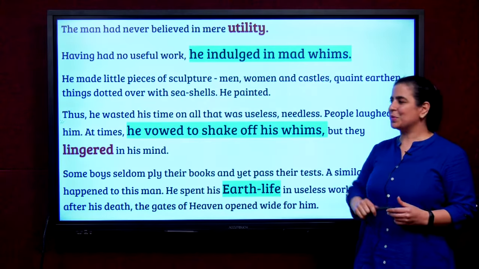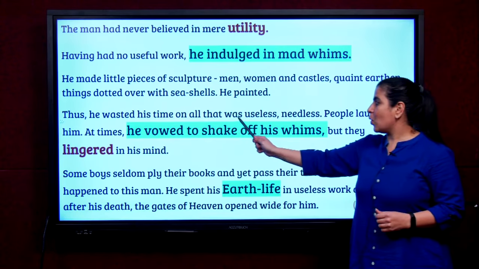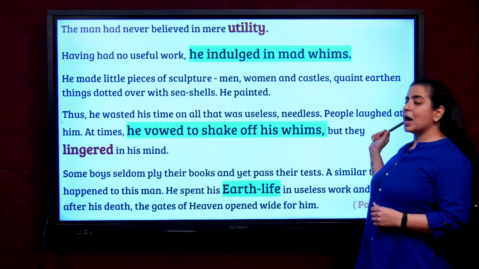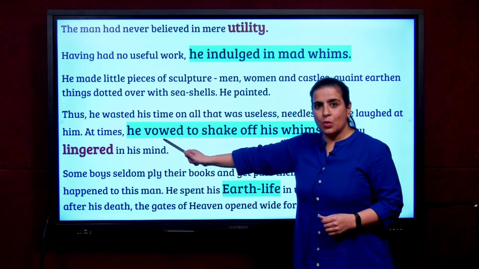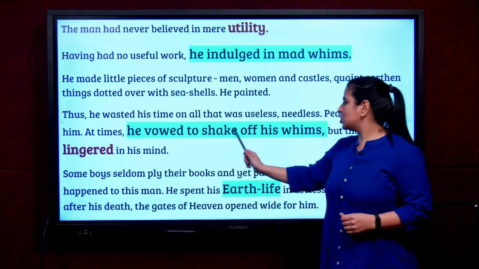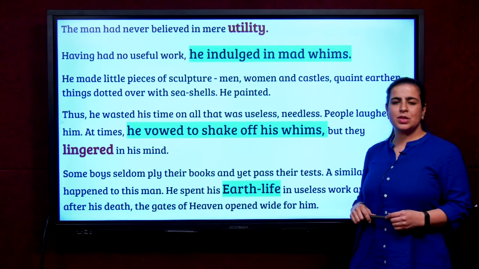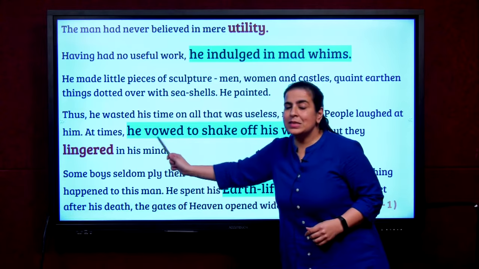Yeah, he loved doing painting. Okay. Thus, he wasted his time on all that was useless, needless. People laughed all the time at him. At times, he vowed, he promised to shake off his whims. He used to tell himself, I am not going to do this today, but he ended up doing it every day. But they lingered in his mind.